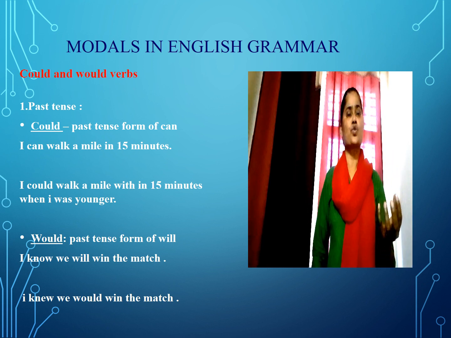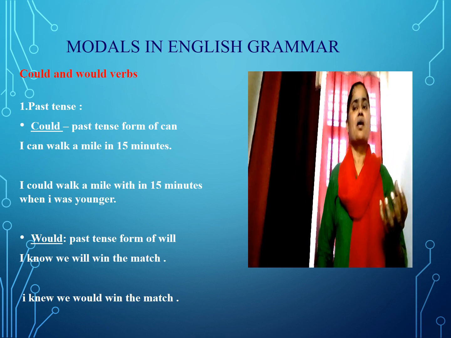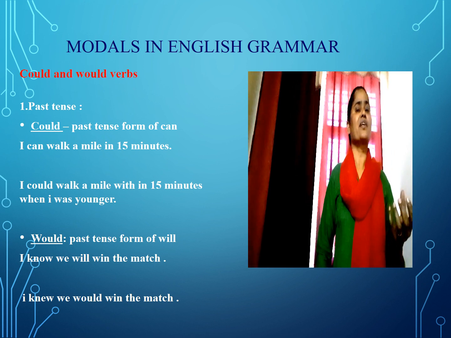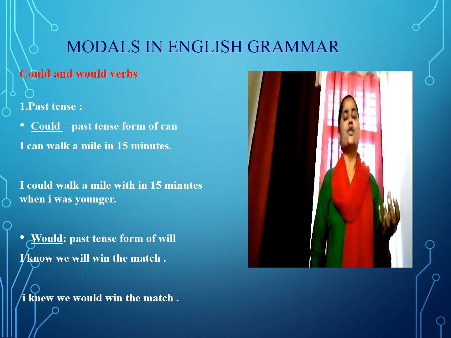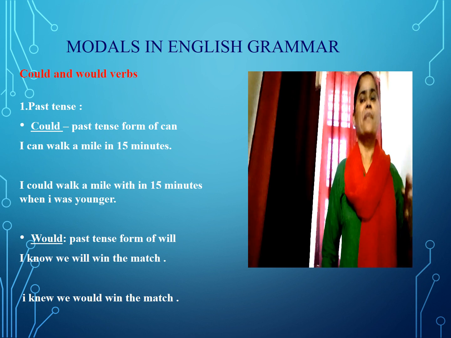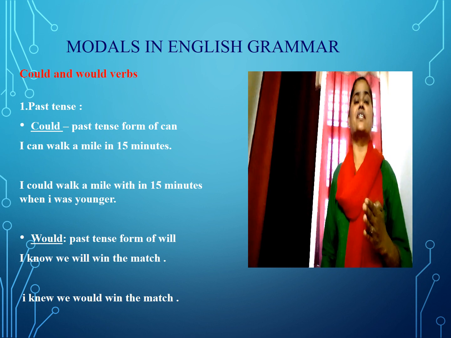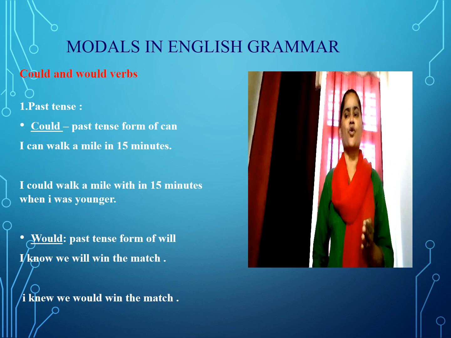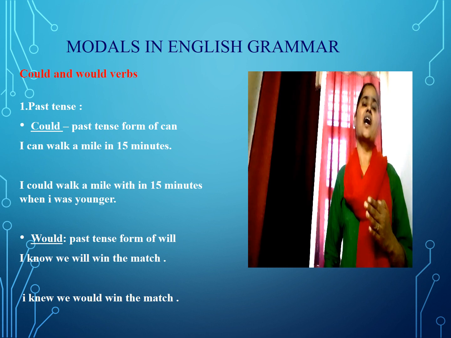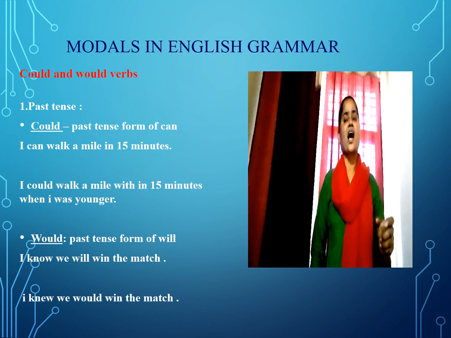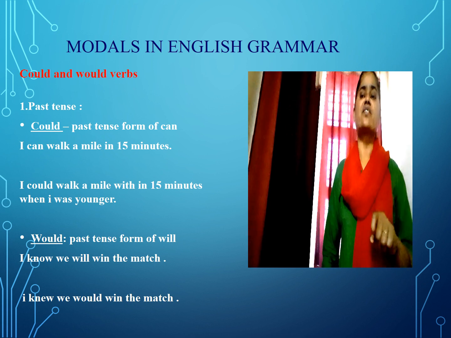Would. How to use would? Would is the past tense form of will. For example, I know we will win the match. Maybe we are in the same team, and I will tell you, I know we will win. I am confident. Here, I knew we would win the match.